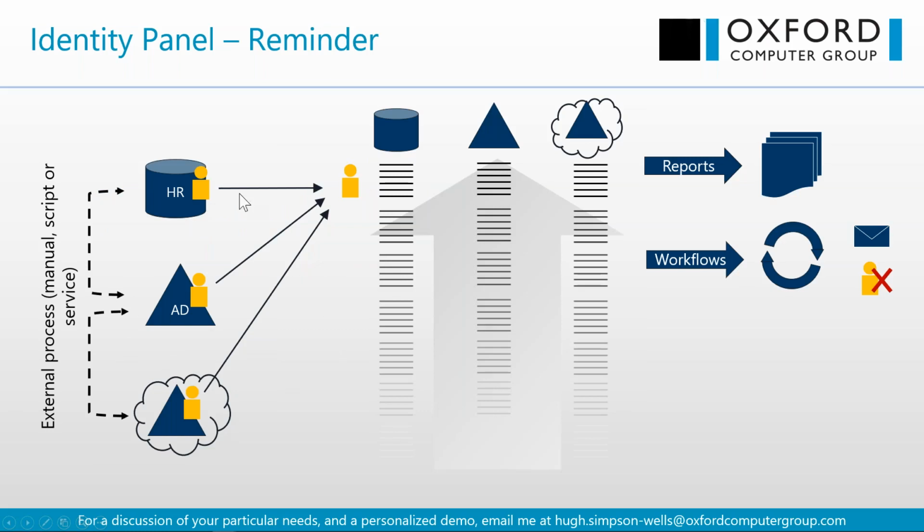So in our simple setup, we've got an HR system, we've got AD and Azure AD. Our focus today is going to be more on Azure AD, simply because that's where a lot of groups live, but it would work with AD, it would work with any system that has groups.